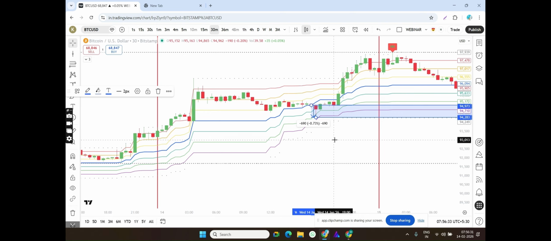So again, coming back to the indicator, you need somebody to guide you in the markets. This will be your guide for trading, which will define the trend, whether it is going up or going down. Once you know the direction, you can plan your trades as per the different levels shown on the indicator.